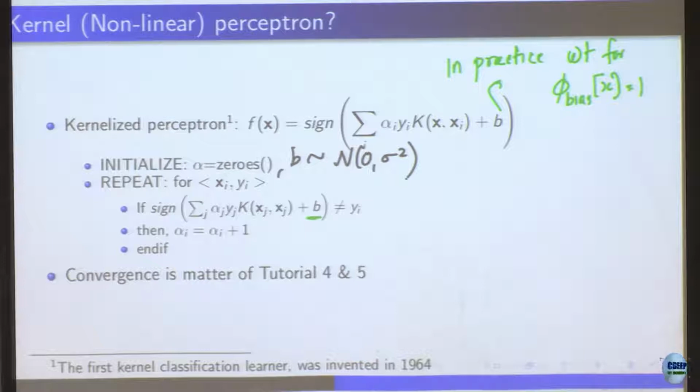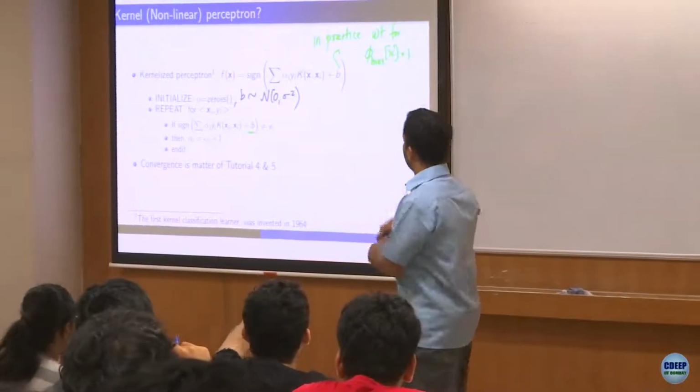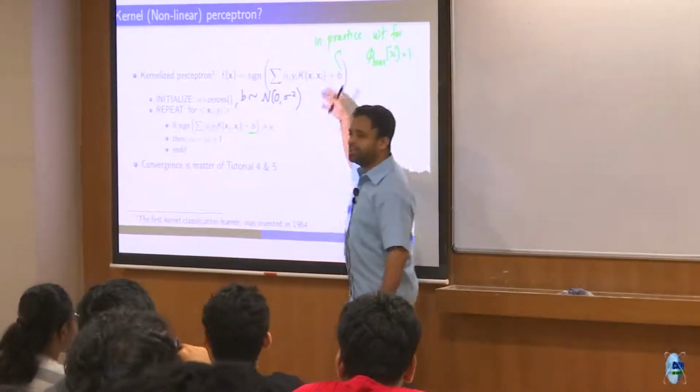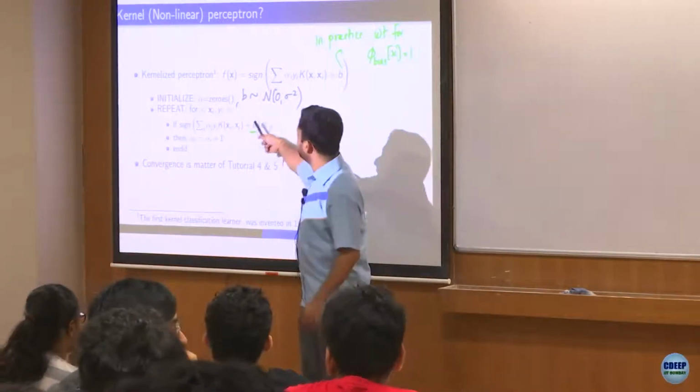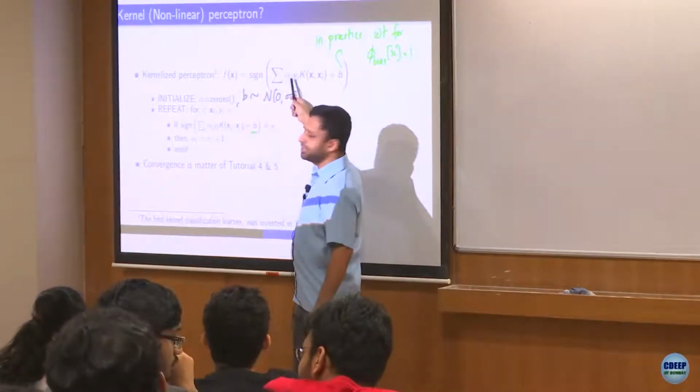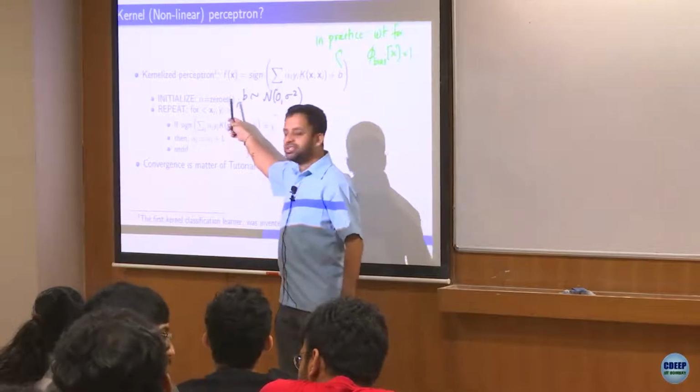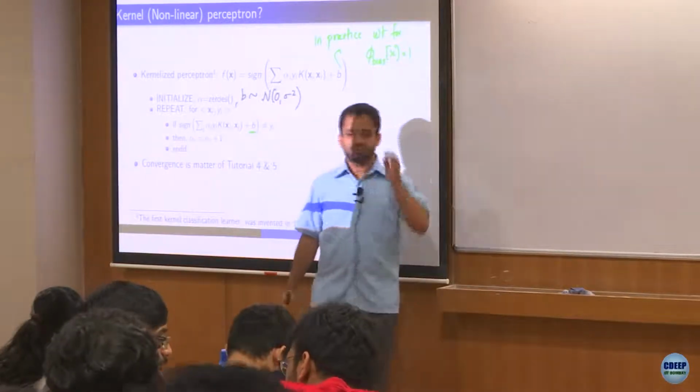The alpha again is dependent on the way you update. So all we are saying is this is the definition that will be used throughout. It's just a definition. Initially the alphas are zeros, and you just evaluate it this way. So this is the definition of f in terms of the alphas.